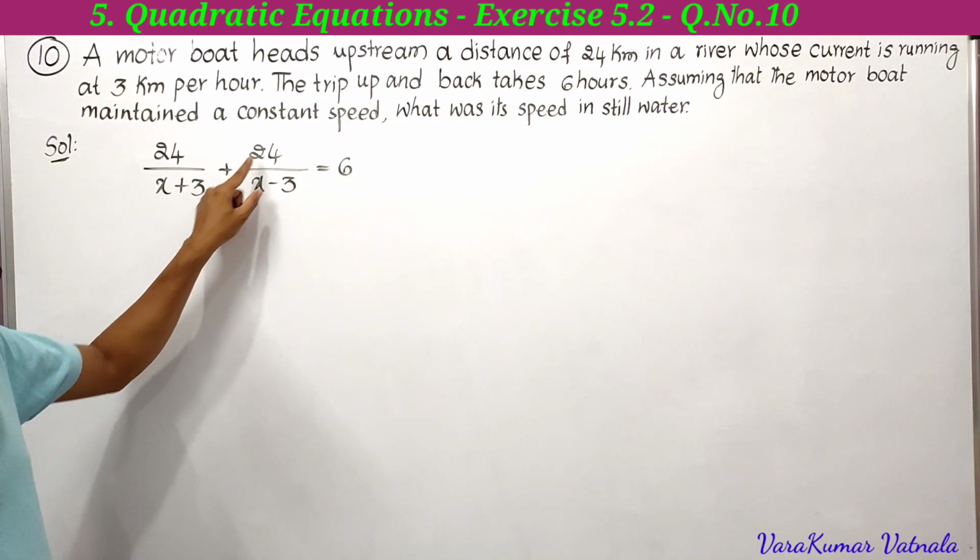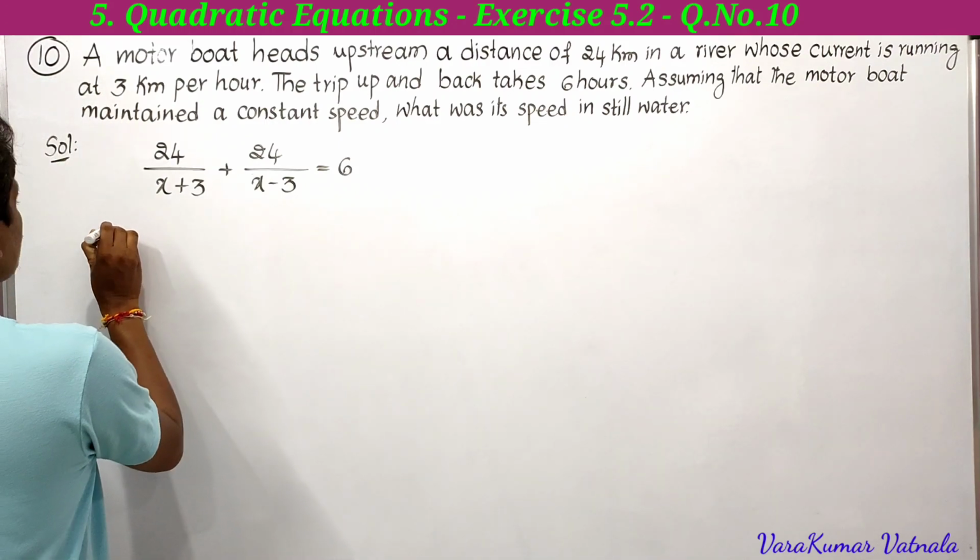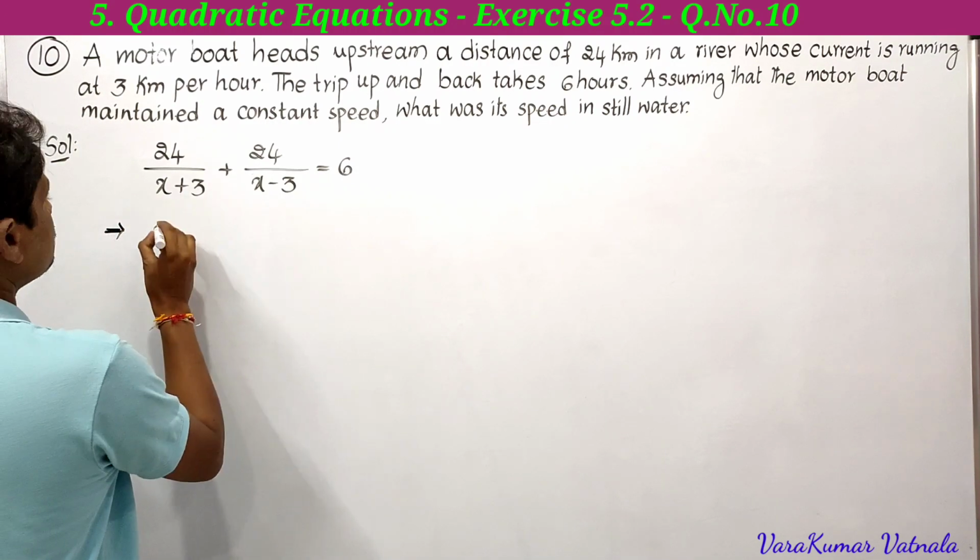24 by x plus 3 plus 24 by x minus 3 equal to 6. So we have to find the LCM. So x plus 3 into x minus 3 is the LCM.